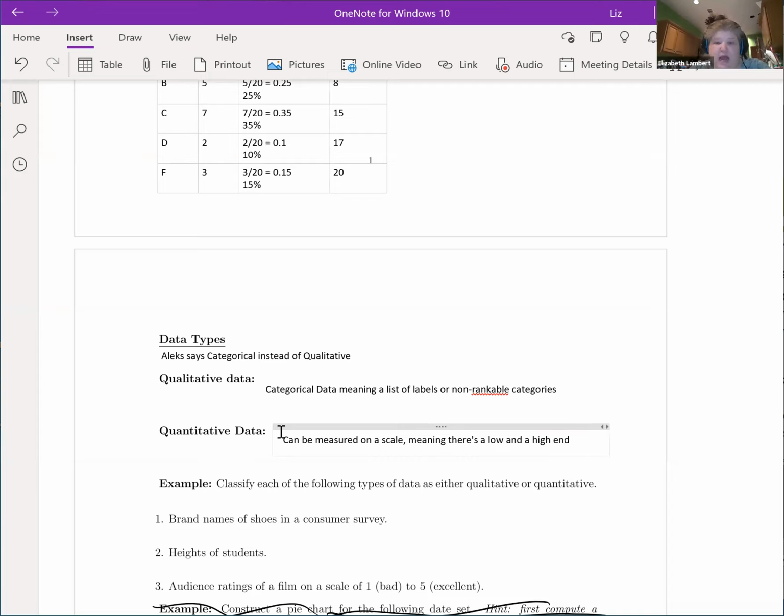So there's a low and a high end to the data. And we can rank the data, meaning organize it from lowest to highest.